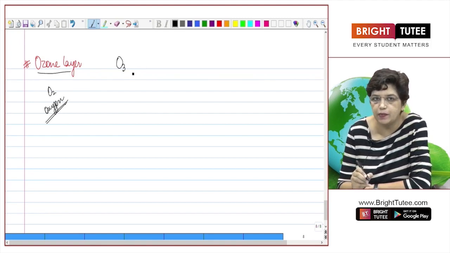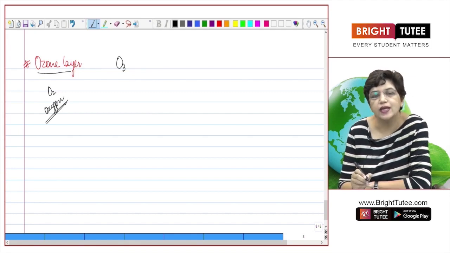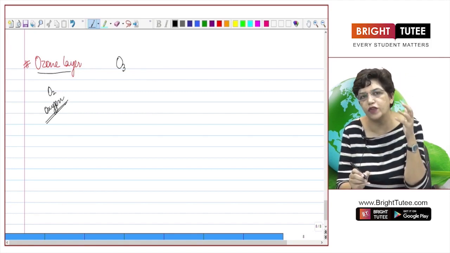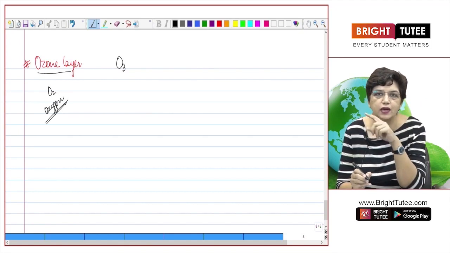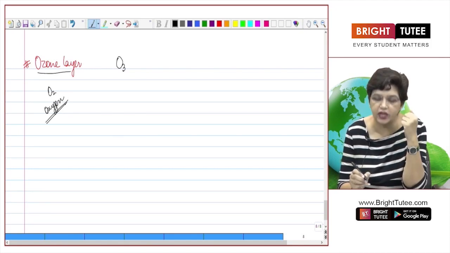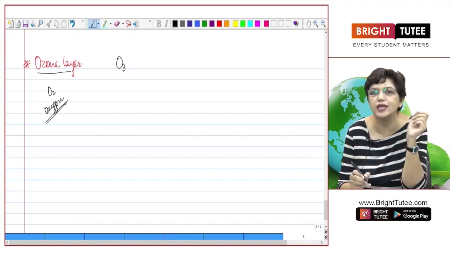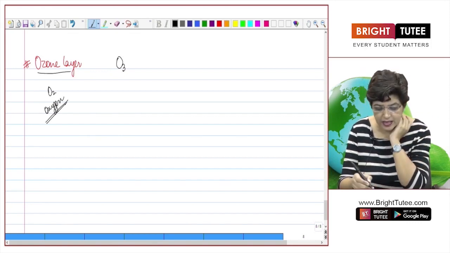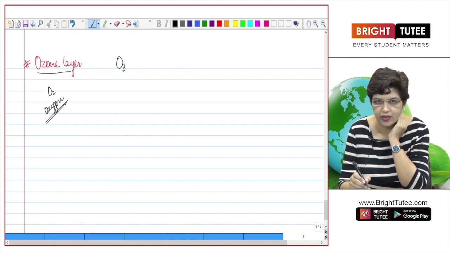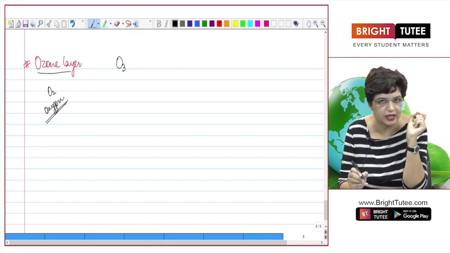It is a very deadly gas. It is poisonous and very harmful. So it is not present in the lower layers of the atmosphere. It is present in the higher layers of the atmosphere. There is a range in the stratosphere where the concentration of ozone is very high, and that layer we call the ozone layer. It contains a high concentration of O3.